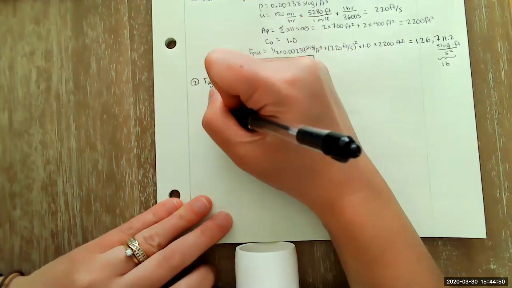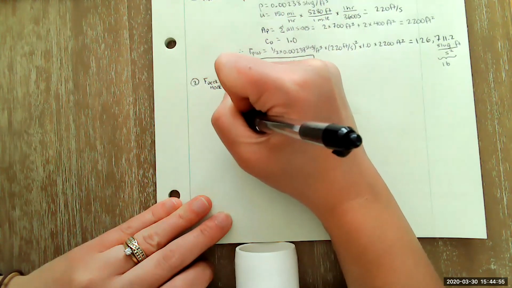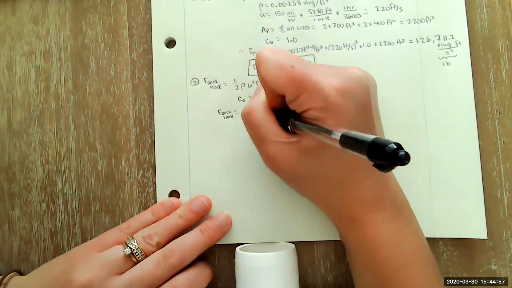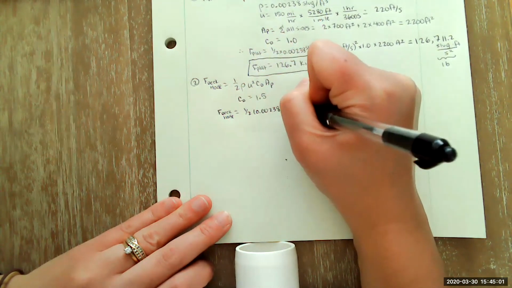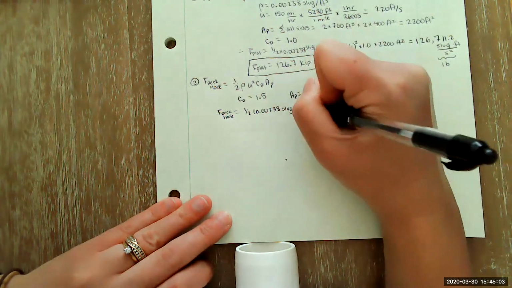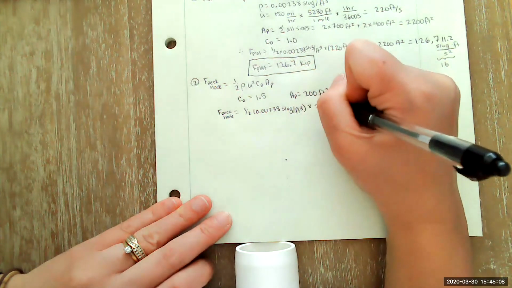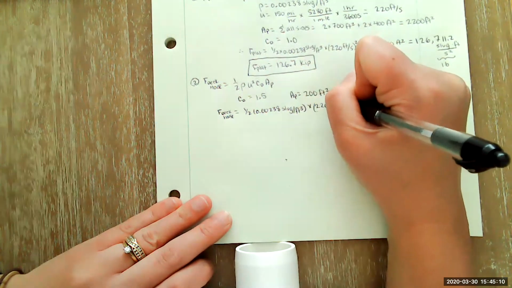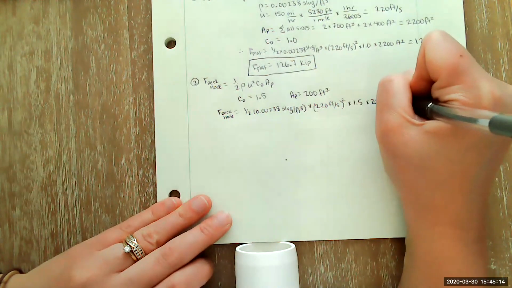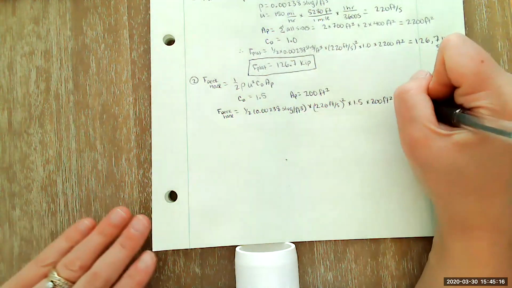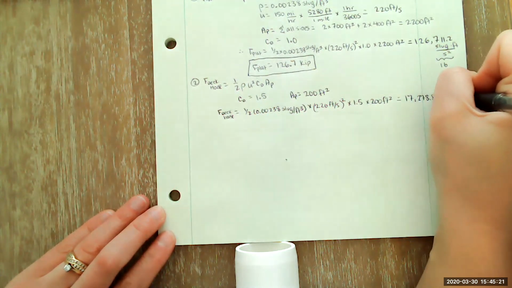Plugging all these numbers in, I get that the F of my deck house is equal to 1/2 times 0.00238 slug per foot cubed, times the wind speed of 220 feet per second, that quantity squared, times 1.5 times 200 feet squared, which is equal to 17,278.8 pounds.